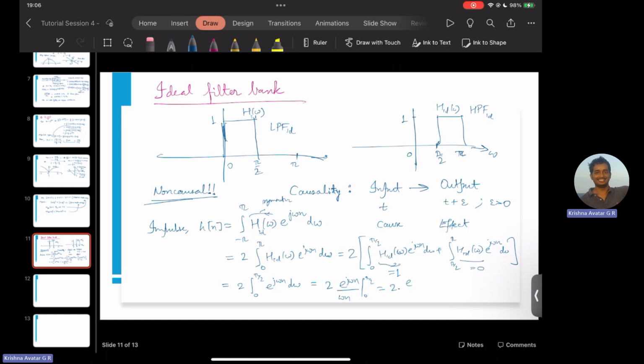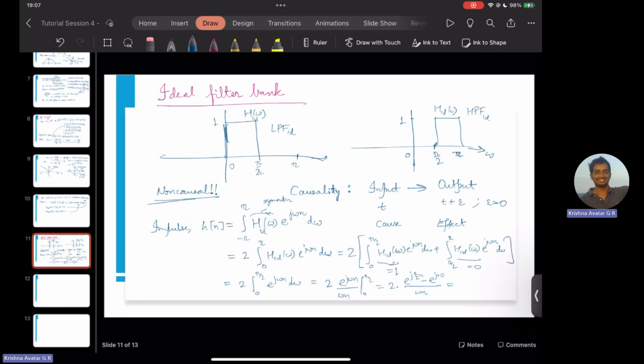That's 2 into e to the power j pi by 2 n minus e to the power j into 0, divided by j n.